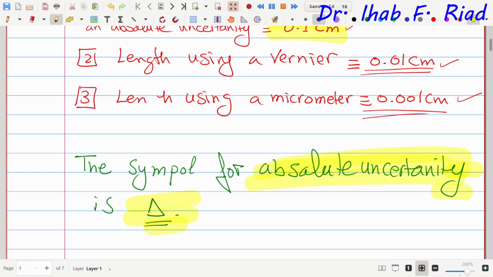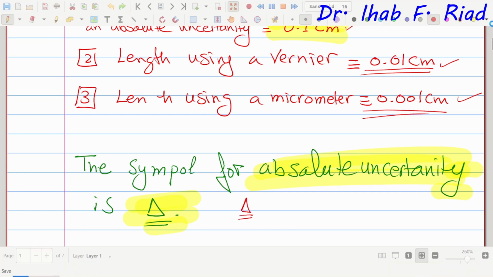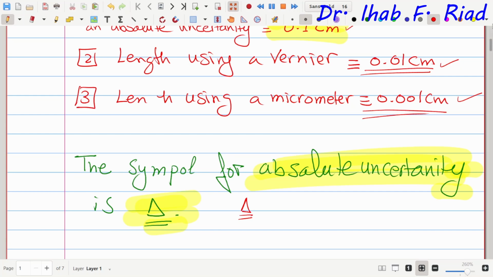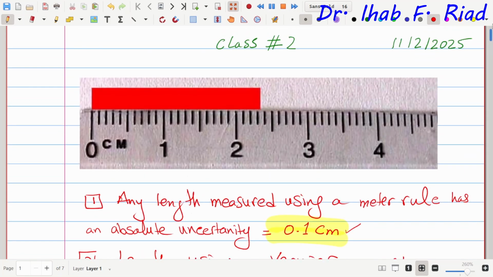And typically the symbol used to indicate absolute uncertainty is the Greek letter delta, capital delta actually. Okay, so this is from last time.